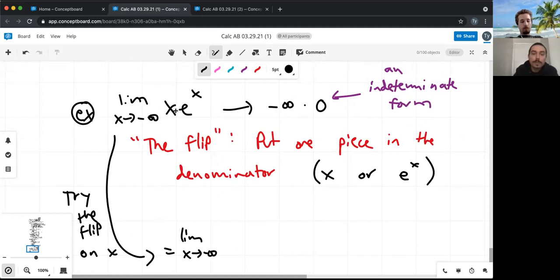If I want to move this to the denominator, that is the same as dividing by 1 over x. Okay, these are completely equivalent, right? Any questions on that part?